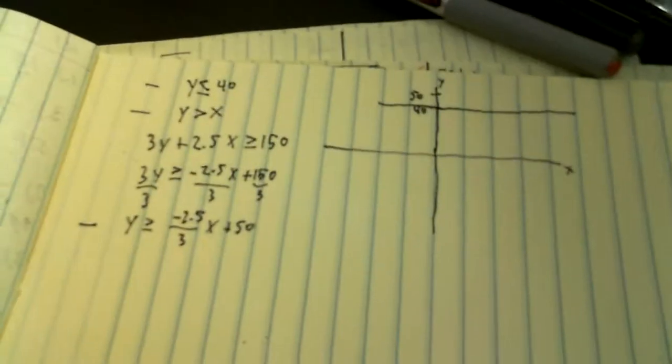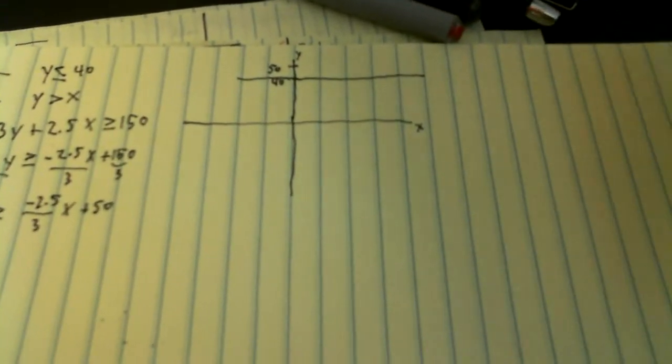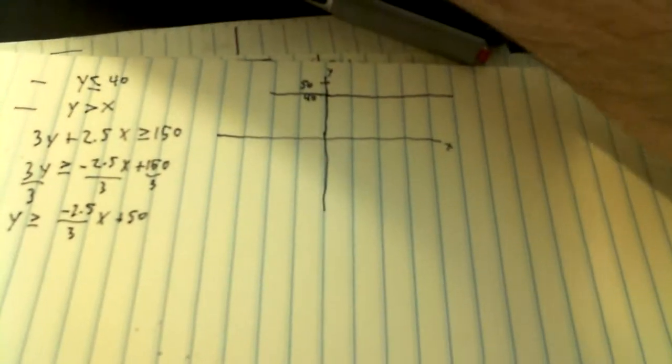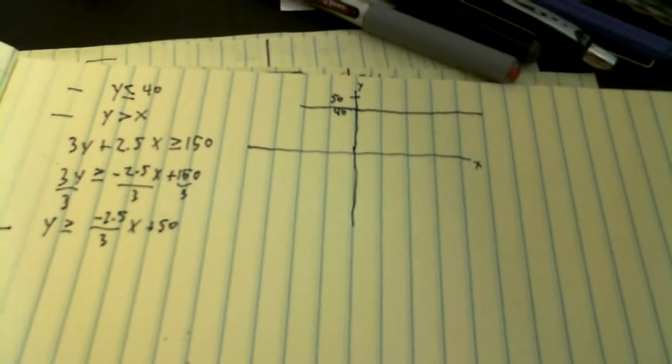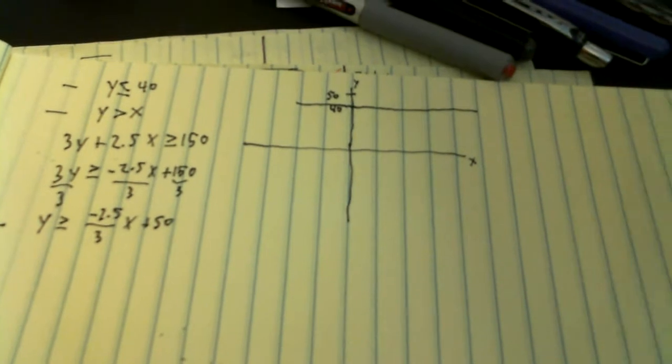And then what does the inequality tell us? That y is less than or equal to 40. So what I'm going to do is take another color. Let's use something lighter, like pencil. Because I'm going to shade stuff, so let's see if this works. Okay, good.